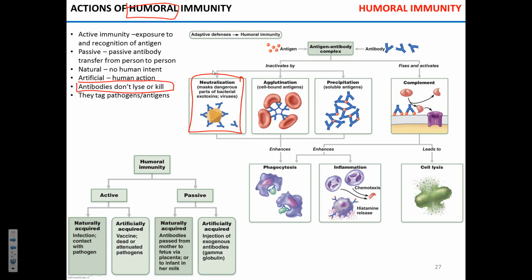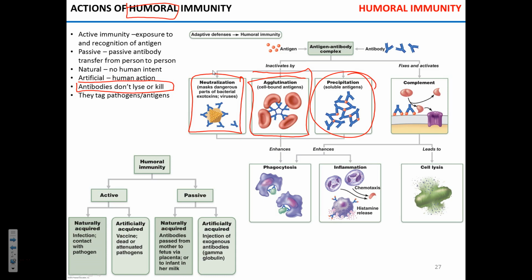They can agglutinate cells, meaning clumping them. When you pull cells all together and they form a clump, there's not much infection that they can do. They are basically immobilized. They can precipitate antigens. Now that's one of my favorites.